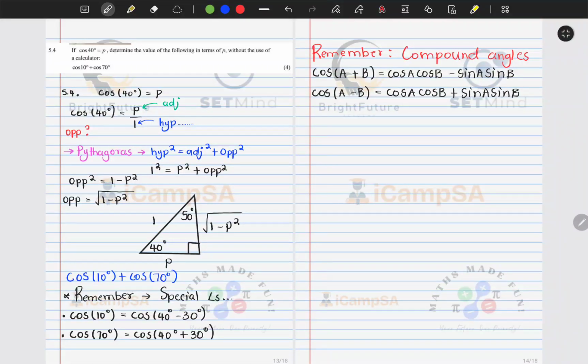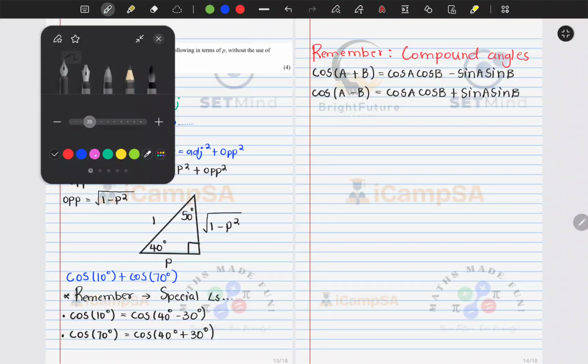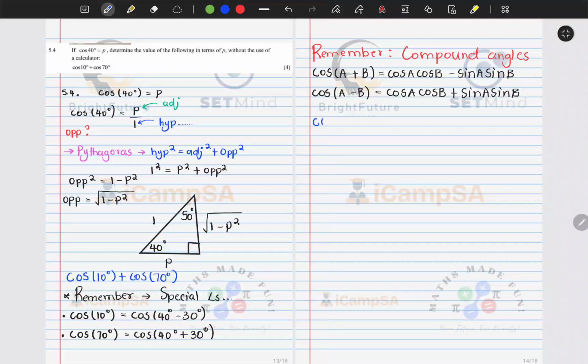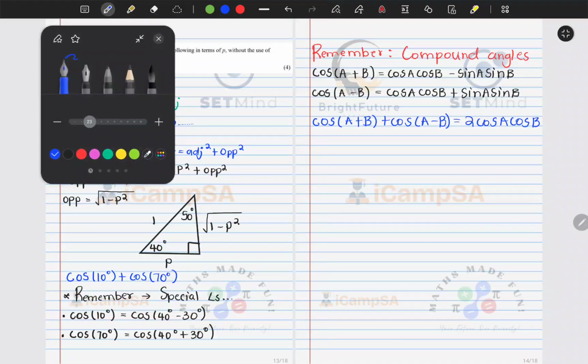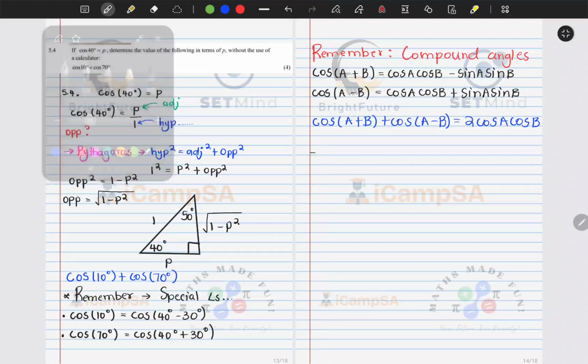If you observe carefully, we will be adding these. If we do cos of A plus B, and then plus cos of A minus B, this will end up giving you 2 times cos of A cos of B. What am I getting into?